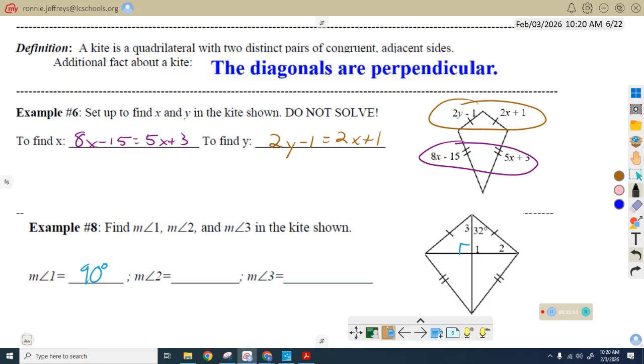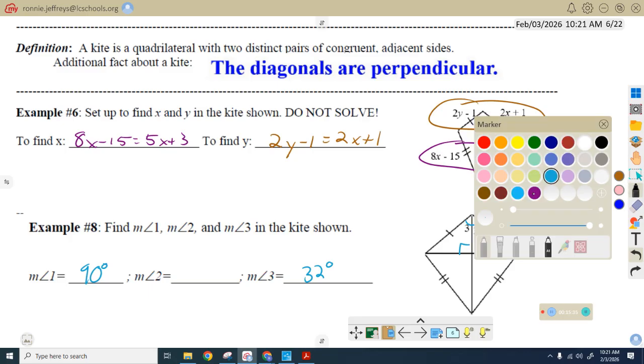Now, which other angle is easy to find? I think I heard somebody say 3. Yes, it's 32 degrees. Because these angles are congruent and they're cut by perpendicular bisectors again. All right.